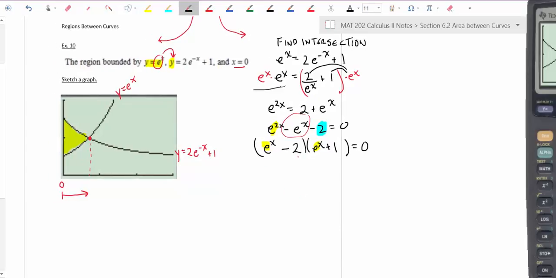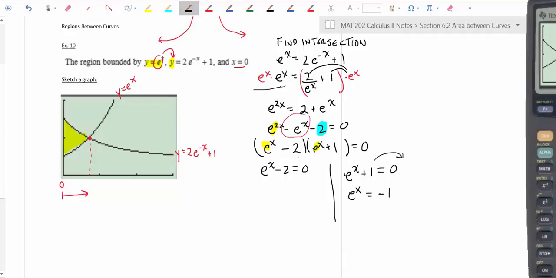So what we're going to do here is set each factor equal to 0. We're going to solve that equation, and then we're going to solve this equation, and we're going to see what we get. Okay, so starting over here, if I subtract 1 from both sides, I end up getting this. Now, that has no solution.